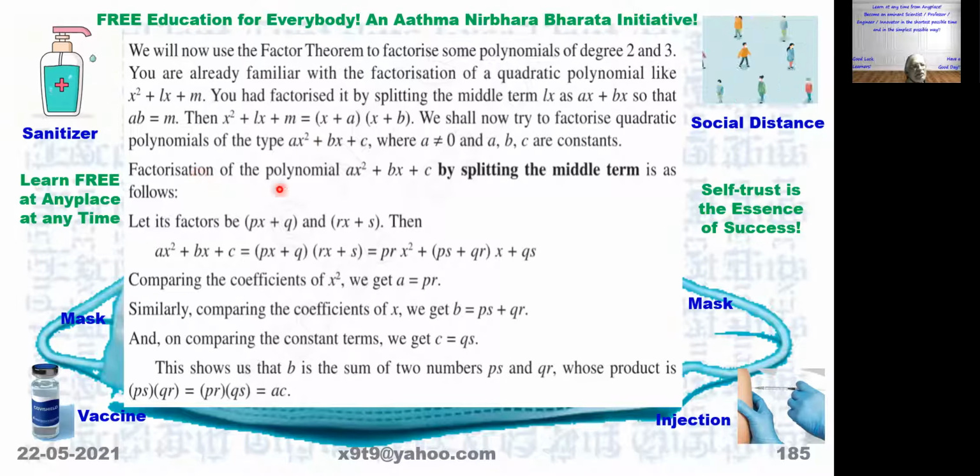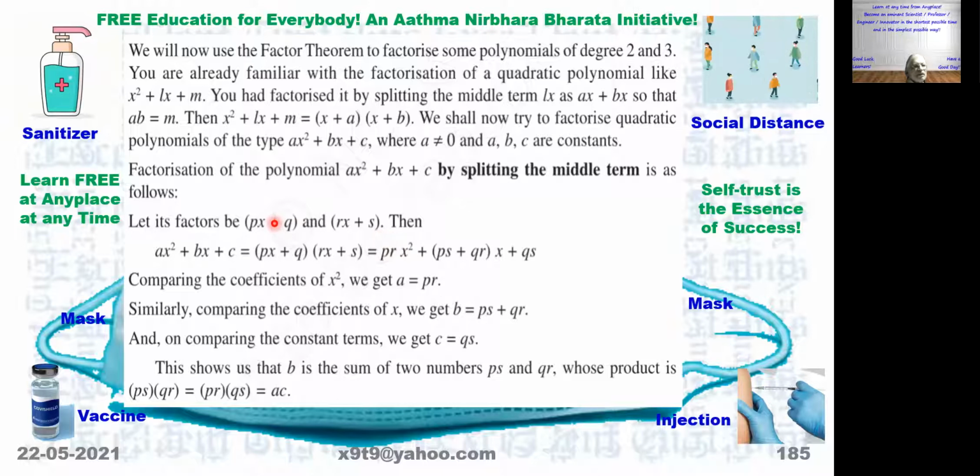Factorization of the polynomial ax square plus bx plus c is done by splitting the middle term as follows. Here we are trying to do something like a derivation of the method. Let the factors be (px plus q) and (rx plus s).